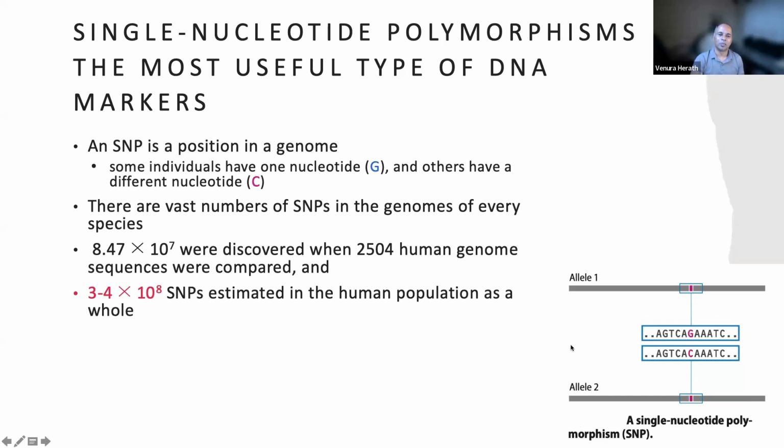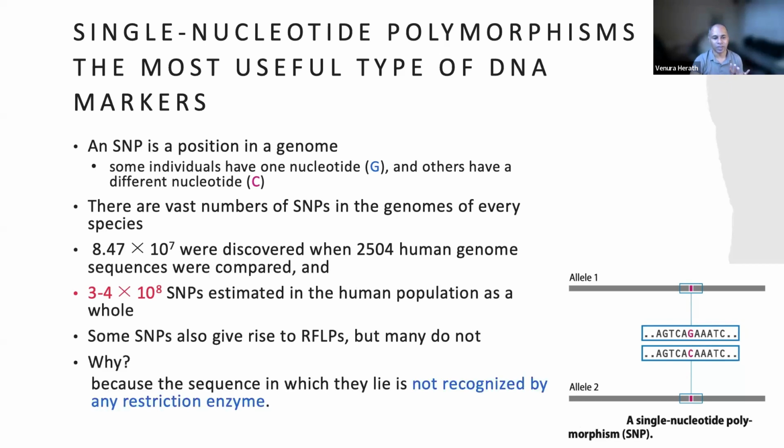Okay, so now probably you're thinking, we already discussed RFLPs. If there is a change like this, why not use a restriction enzyme? One would cut, the other is not going to cut. But if you think about reality, it is not the case. Why?